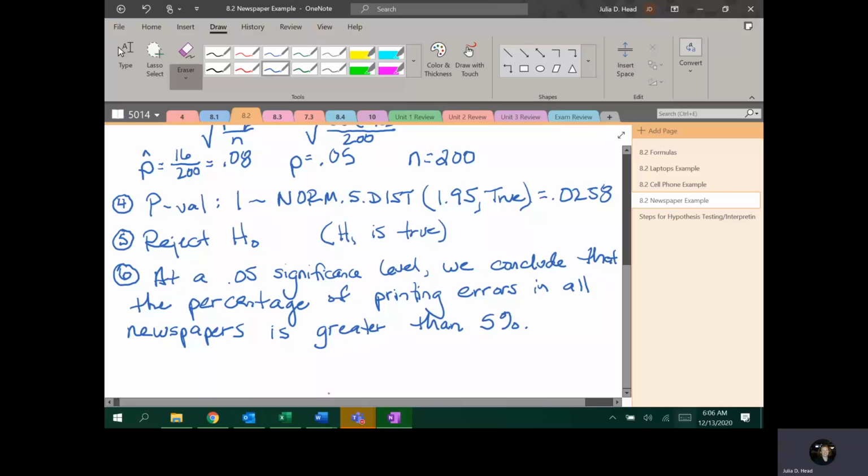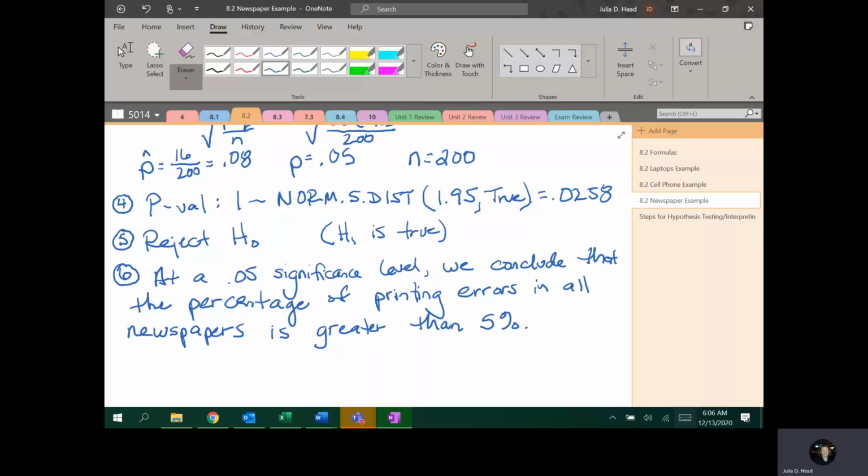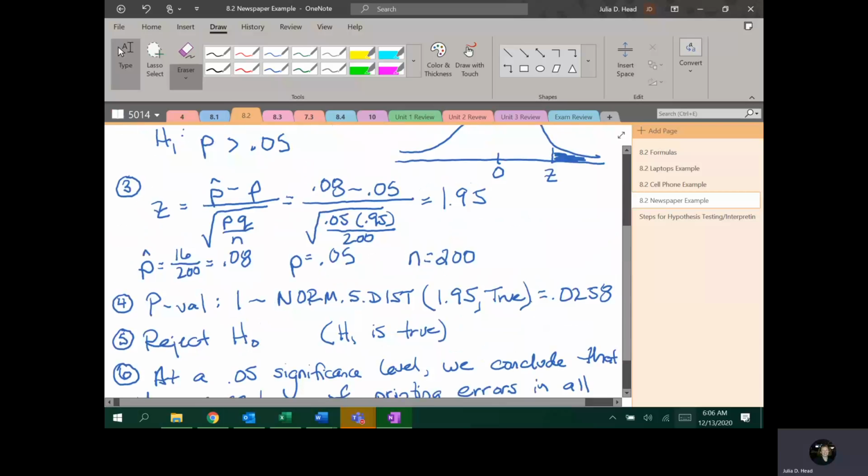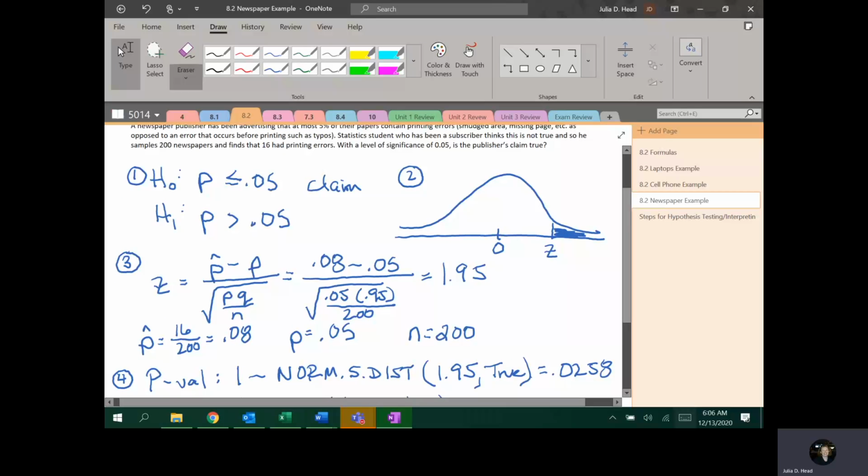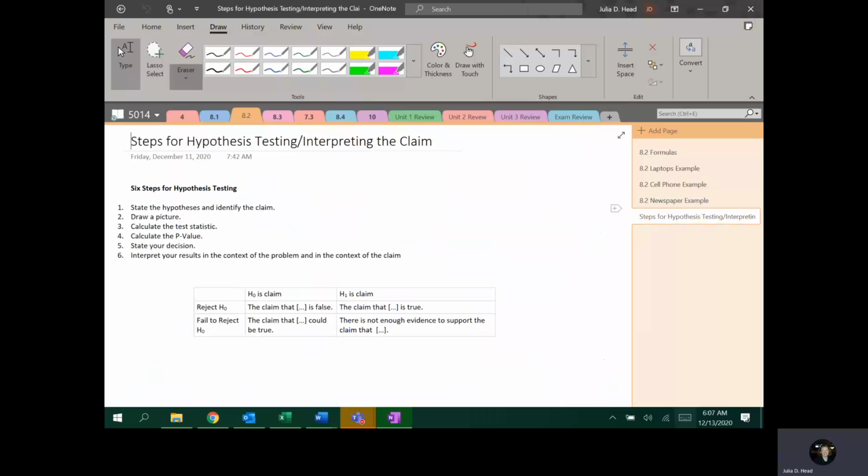I really like this sentence because I think it does a good job of telling you what you proved. But your book is very insistent that you always talk about the claim. And this company claimed that there were at most 5% errors. And what we proved was that that was not true. And this is where I'll go back to, we had the claim in the null.